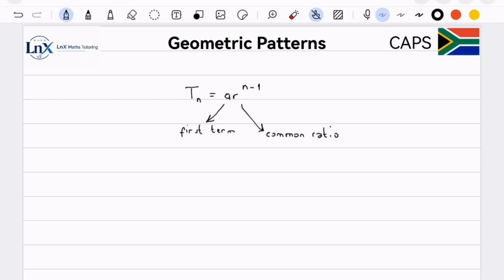Alright, so how do we actually get our common ratio? The common ratio formula is as follows: R equals Tn plus 1 divided by Tn. So this is the formula for getting our common ratio. Something to take note of is that when the common ratio is greater than 1, it means that you have an increasing geometric pattern.